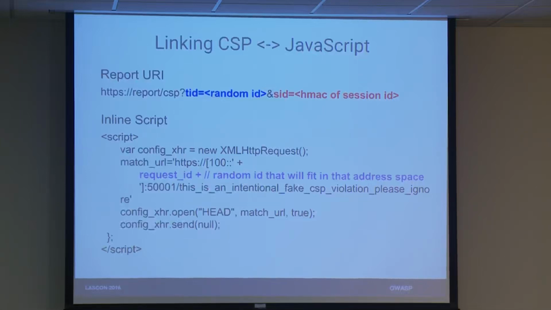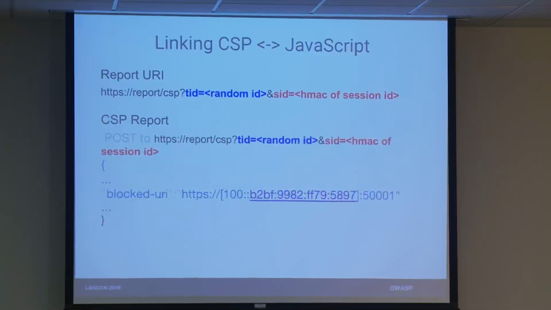And if you see, the port number can also be specified. So that's a couple extra bytes if you needed more address space to specify something. What's going to happen is now the JavaScript has this request ID. They can submit additional events to our listener with that request ID. And we have a CSP report, which has both the transaction ID and session ID, as well as that blocked URI with our request ID.